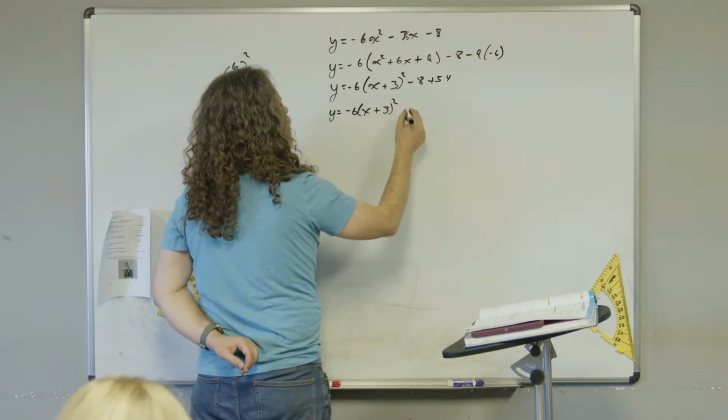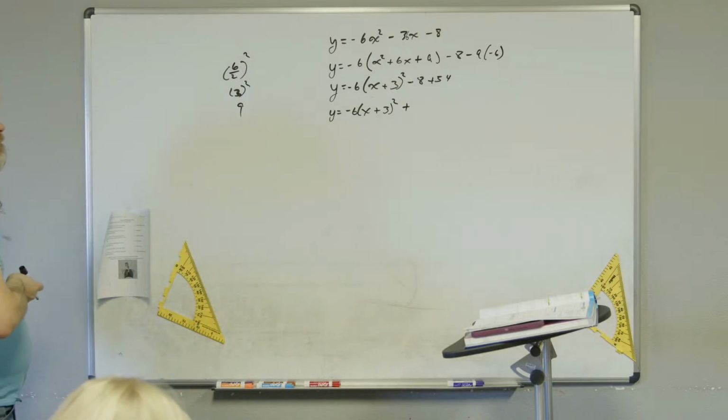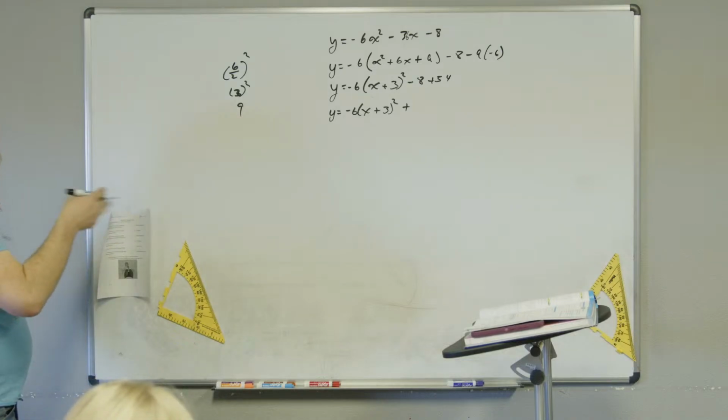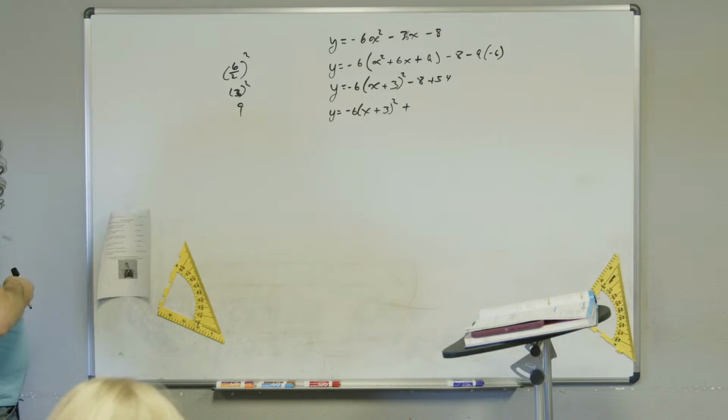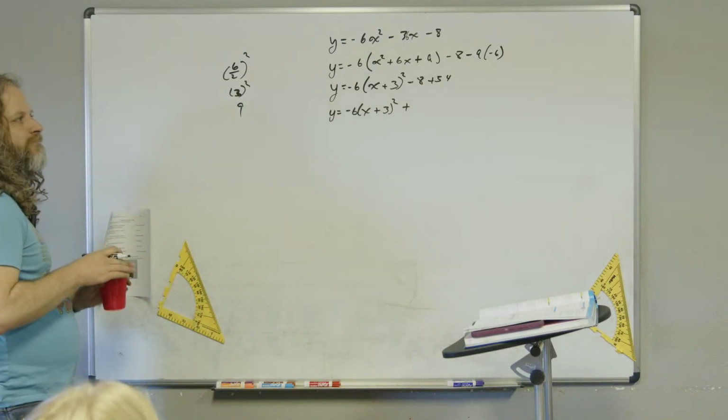Weren't you supposed to factor out the negative 6 from the 8 first? No. That's my mistake. You move the negative 8 over, so you move the negative 8 out, and then you factor. Yeah. Okay.